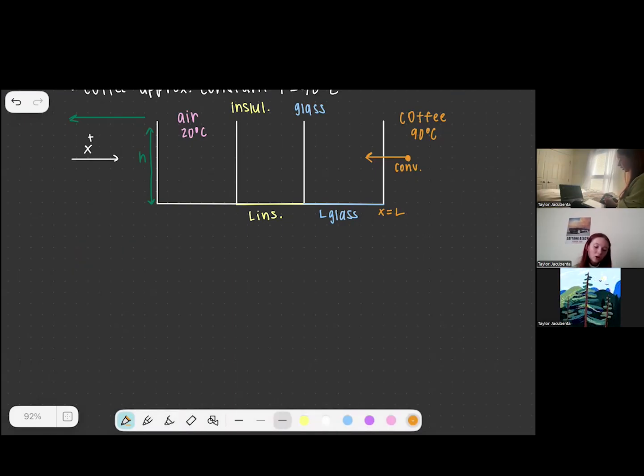So what our coffee is going to move, or the heat is going to go from our coffee to this boundary layer. And we're going to say that this right here is T1.